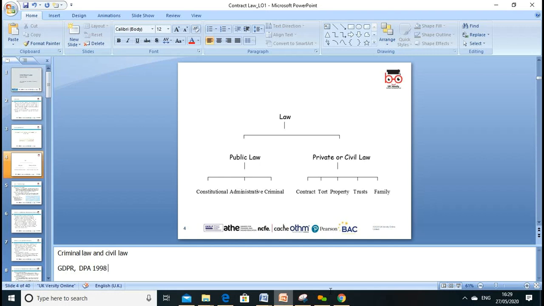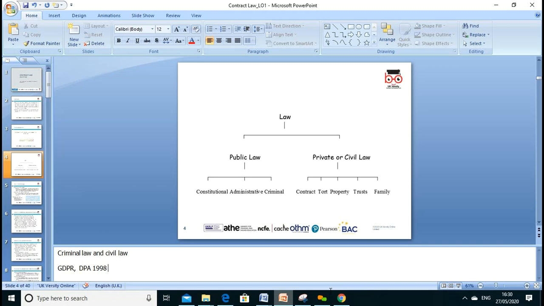So if we don't follow it, it will come under which law? We're discussing two laws, criminal law and civil law. But if you don't follow GDPR or DPA, is it a criminal matter or a civil matter?